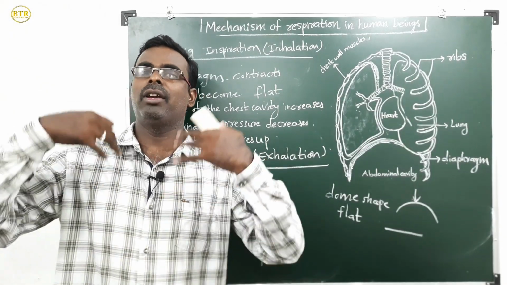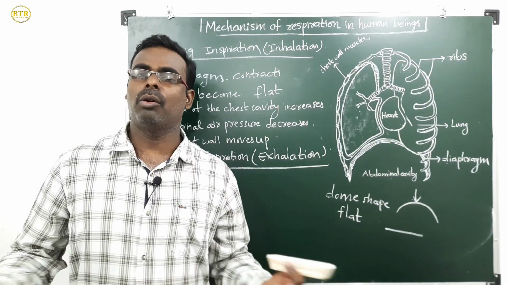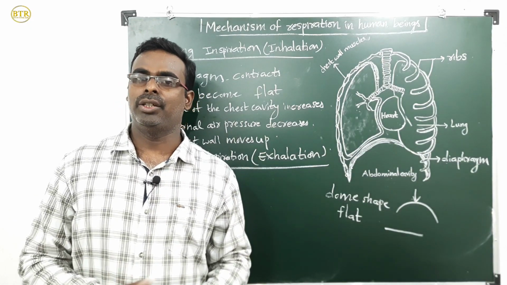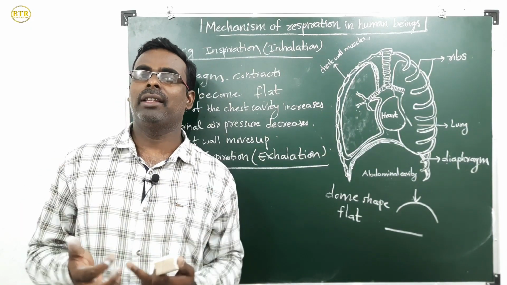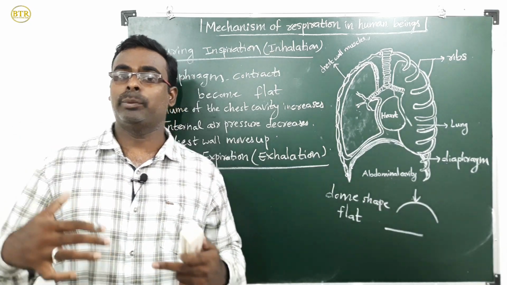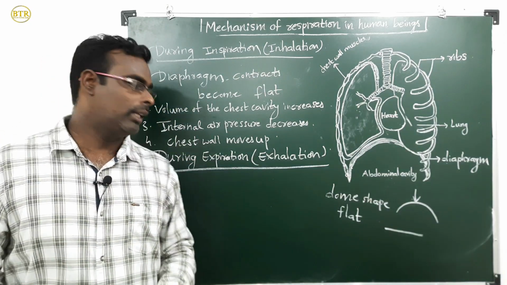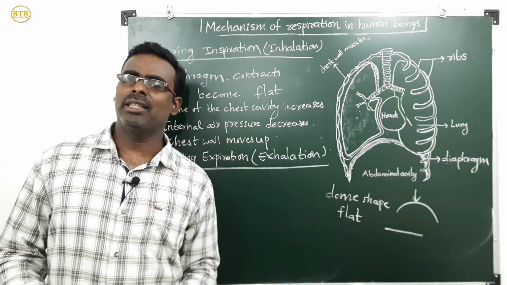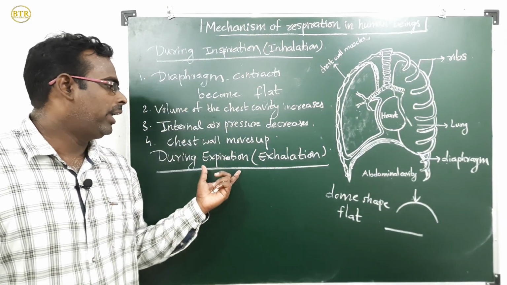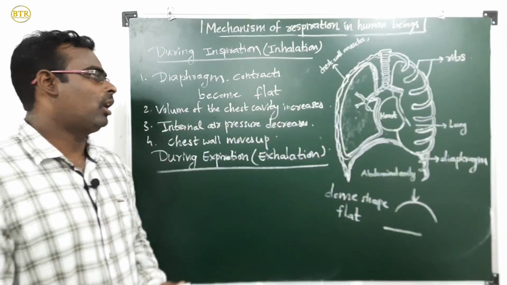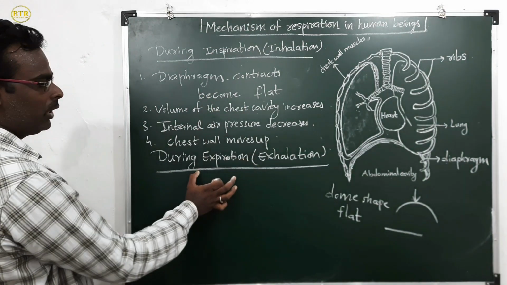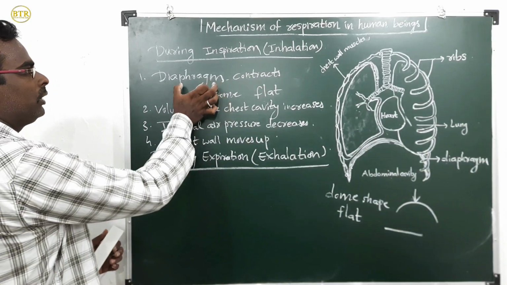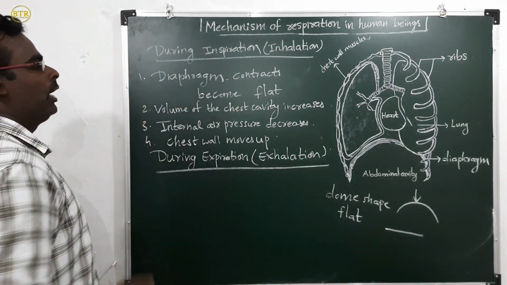The process of giving out carbon dioxide is called expiration or exhalation. The process of expelling the air from the lungs is called expiration or exhalation. What are the changes taking place during expiration or exhalation? Now let us see. These changes are quite opposite to the changes which occur during inspiration.